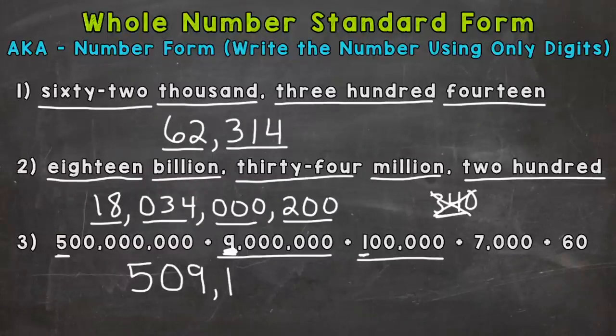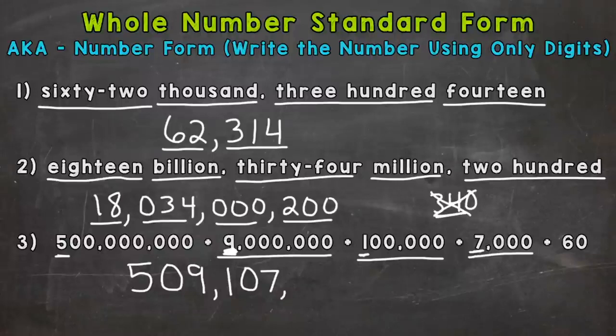The next place is the 10,000s place. So let's look to the right here, and we have 7,000. So that 7 is not going to be in the 10,000s place. It's going to be in the thousands place. So we could put a 0 in the 10,000s, and then we have this 7 in the thousands. So we need a 7 in the thousands to represent that 7,000.